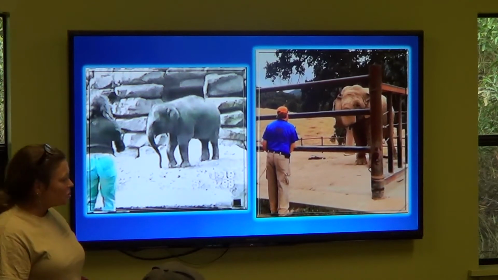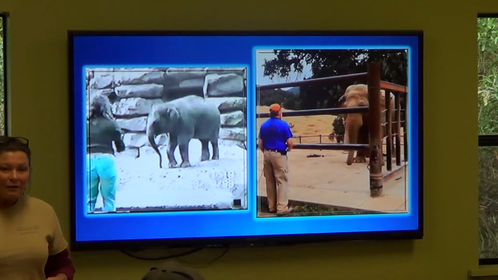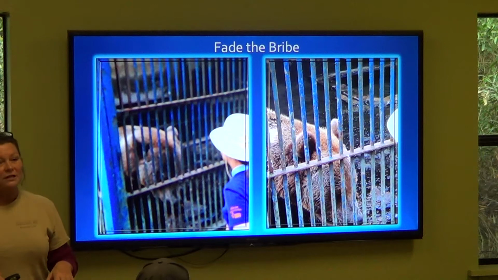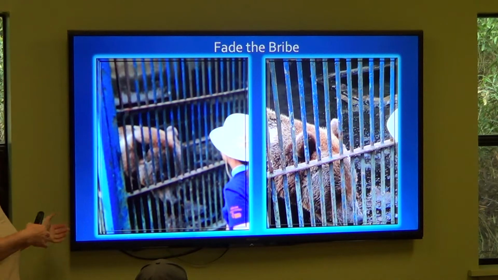And when you're initially moving away from using a bribe, so in this example, the elephant one, when the elephant takes one step back, the first time I don't throw food, I might bridge and reinforce that. With the bribe, she had been moving back 10 steps, let's say. But now the first time I eliminate that bribe, that's significant to the animal.